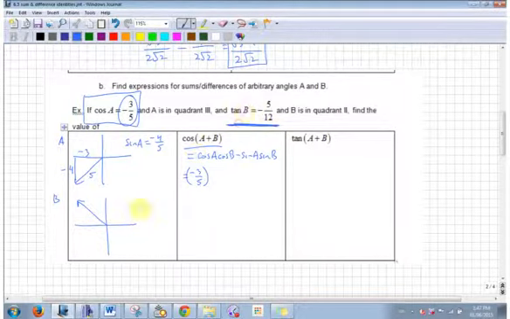I do know for this triangle, tangent is negative 5/12, and it's in quadrant 2. So negative 5 for tangent for this angle is, sorry, that's over there, O over A. The negative must be on the 12.